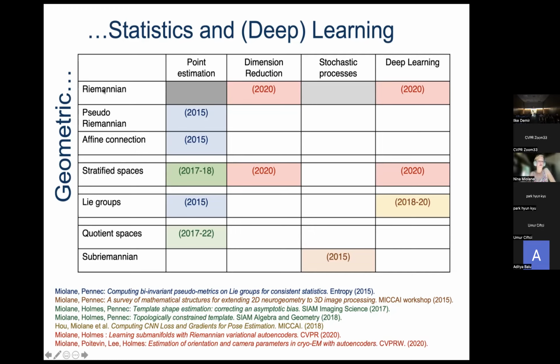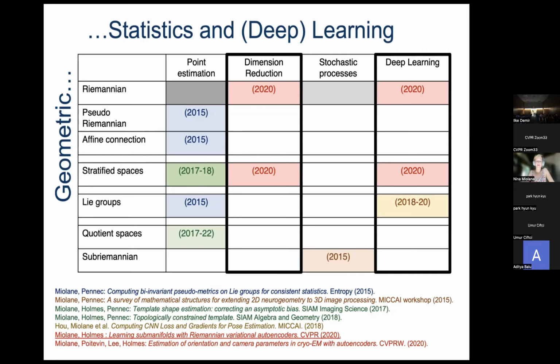So each of the rows in this table corresponds to one of the nodes in the previous hierarchy. There are different types of exotic data spaces, if you wish. And in this table, the different columns represent different fields of statistics, machine learning, and deep learning. We're going to talk about generalizing variational autoencoders to manifolds. So therefore, we are in the column dimension reduction and deep learning.